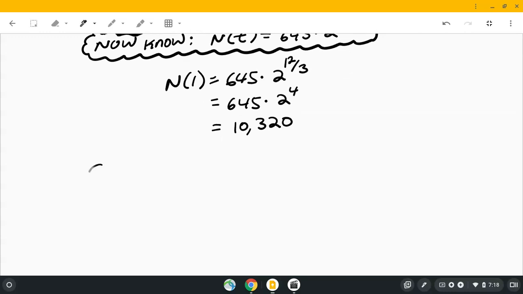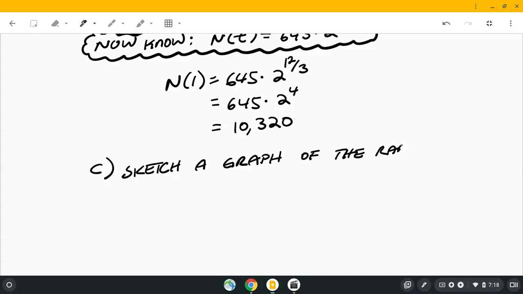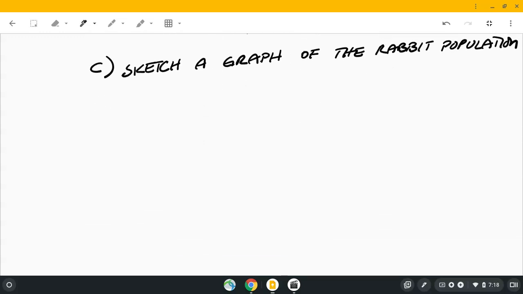Let's just sketch a graph. You're dealing with much bigger numbers now when you're dealing with exponential growth. So sketch a graph of the rabbit population. I know two points.